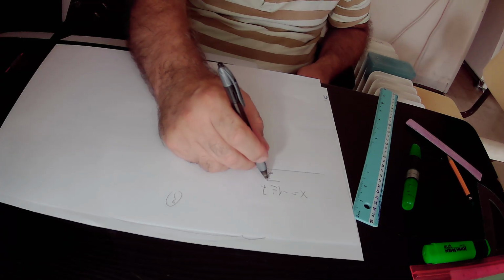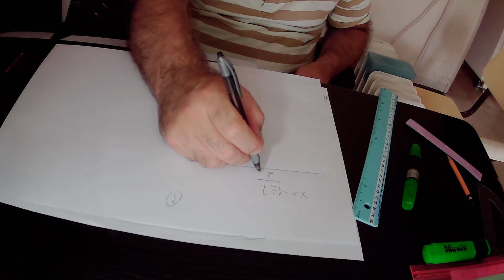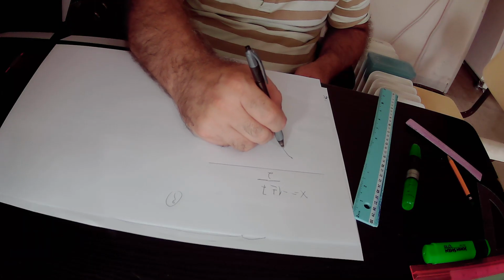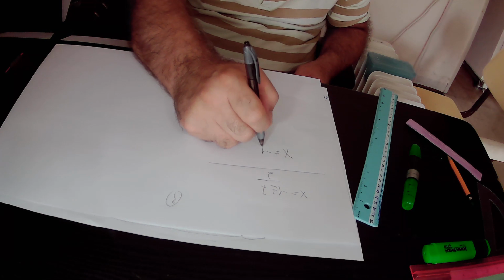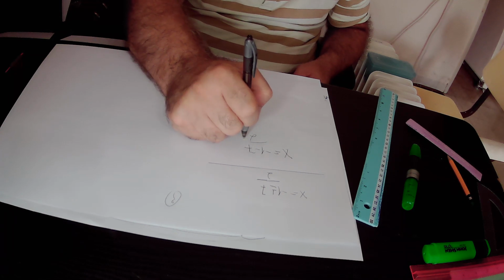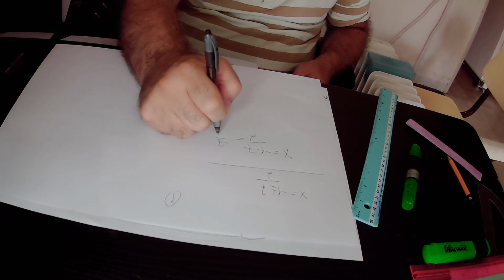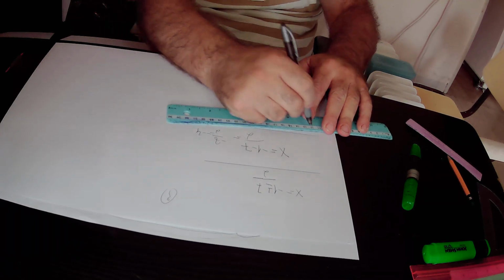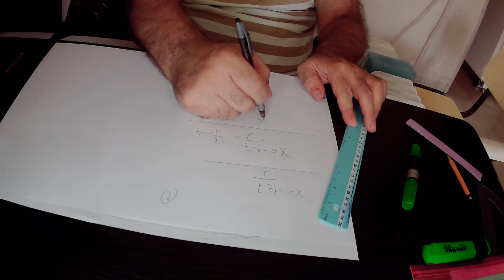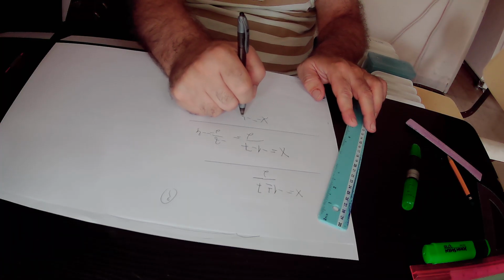So here we have two possible solutions for x. The first solution is that x equals minus 1 minus 7 over 2. Minus 1 minus 7 is minus 8, and minus 8 over 2 is minus 4. So according to the first solution, x equals minus 4.